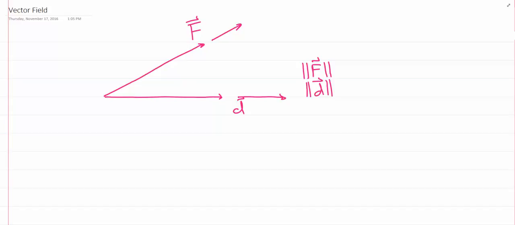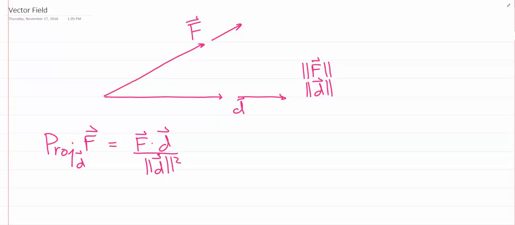So here's what's going to happen. Now remember, if we talk about projection, if I project that vector onto this vector, we're going to have the dot product over the magnitude of D squared, times D. So this is just kind of general here.